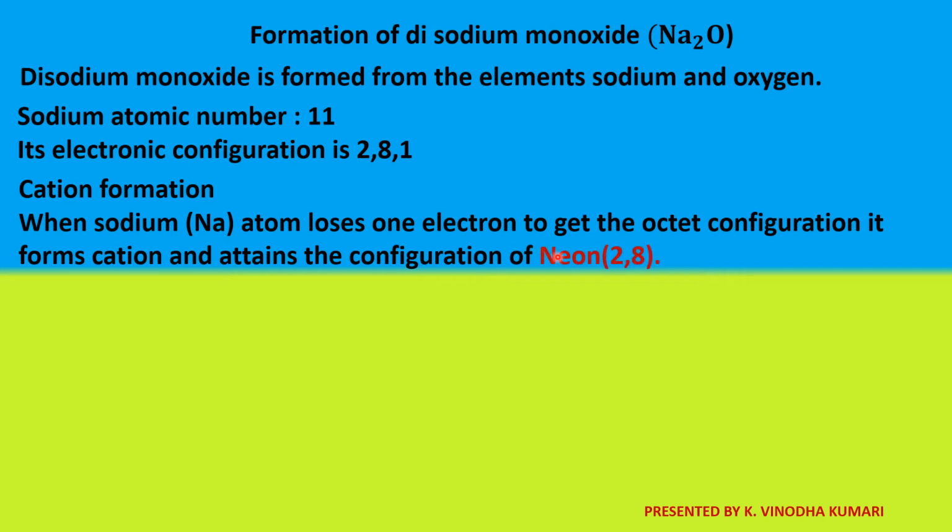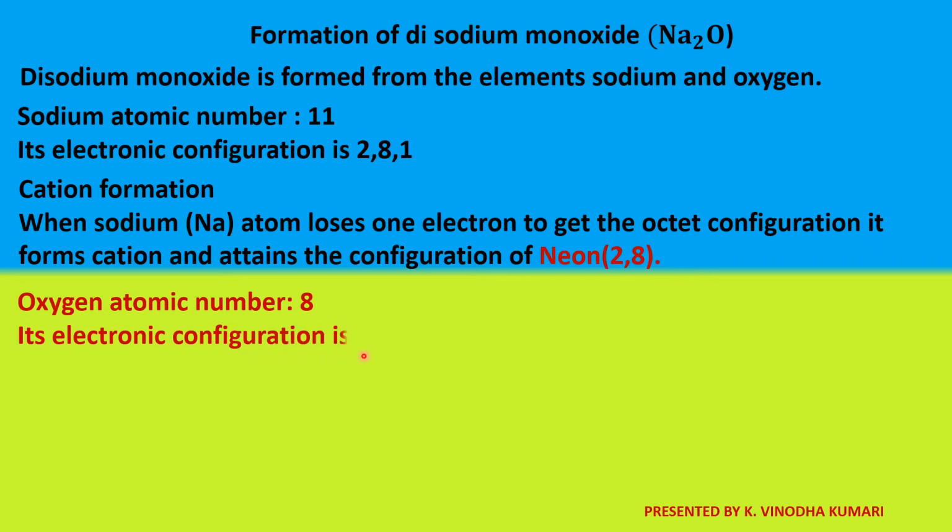And oxygen, whose atomic number is 8 and whose electronic configuration is 2, 6, is short of 2 electrons to get the configuration of neon. So it gains electrons, so it forms an anion.